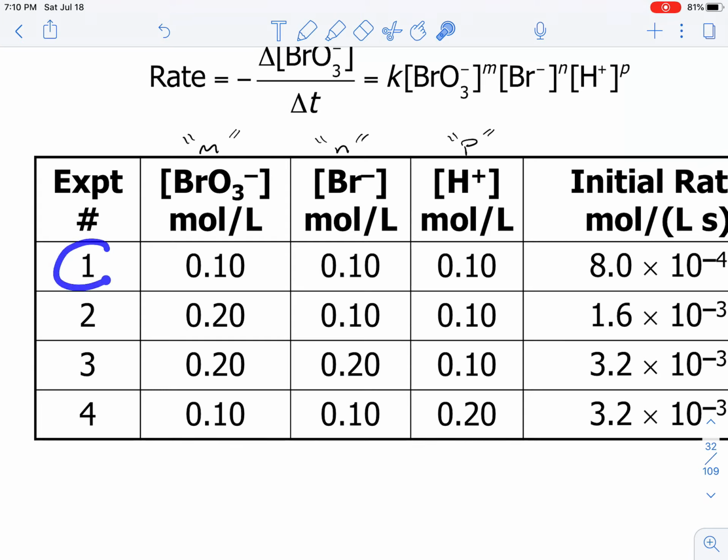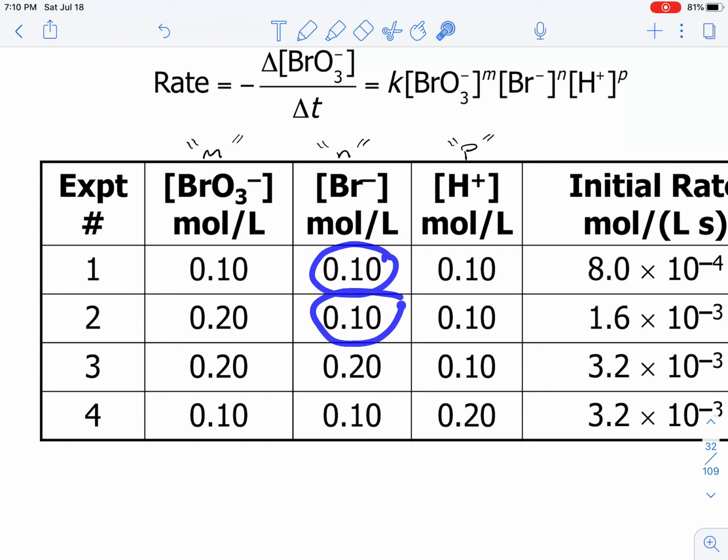For example, if we look at the initial concentrations of experiment 1 and experiment 2, we can see that the initial concentration of bromate is different. However, the initial concentration of bromide and the initial concentration of hydrogen ion between experiment 1 and 2 are the same.